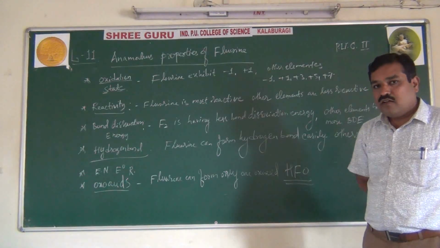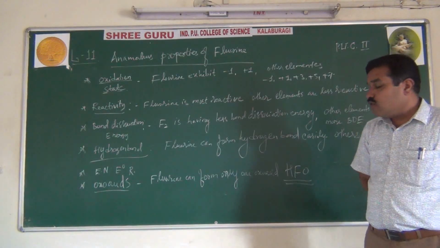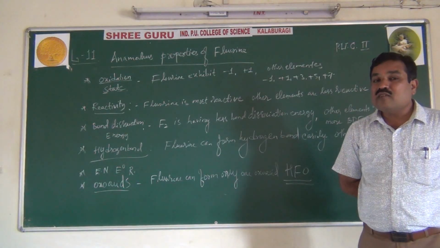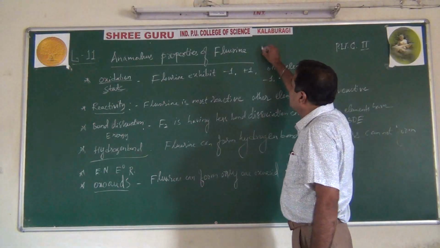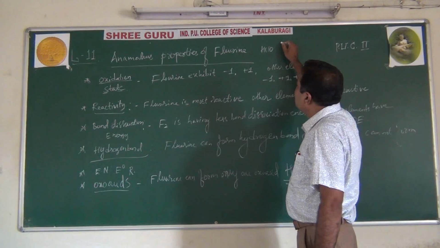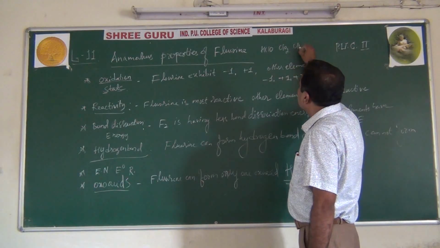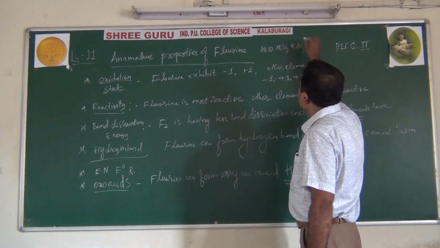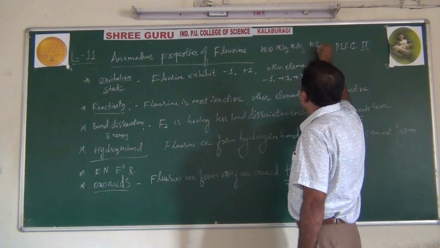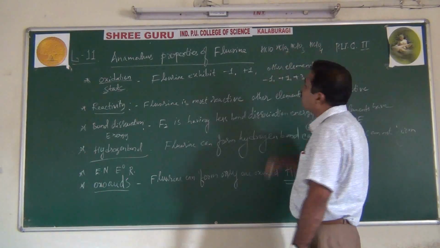They can exhibit chlorous acid, ClO. Hypochlorous, chlorous, chloric, and perchloric. And repeat, HClO, hypochlorous, chlorous, chloric, then perchloric, with +1, +3, +5, +7.